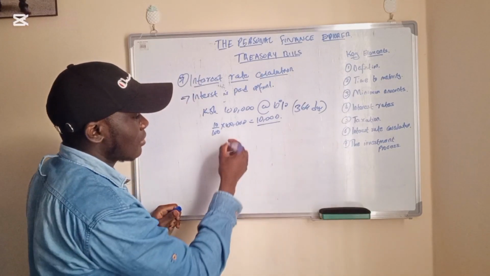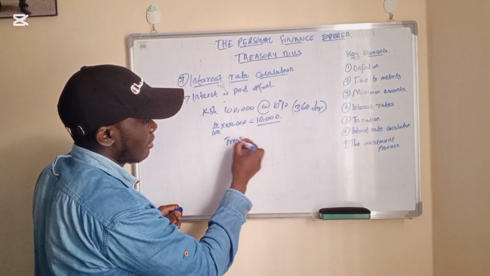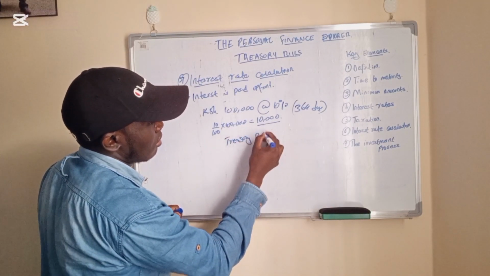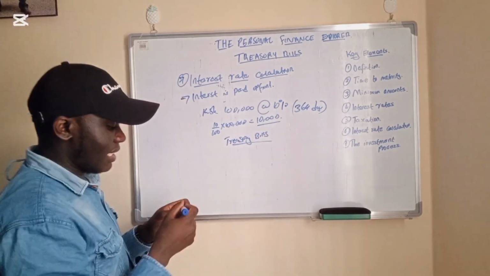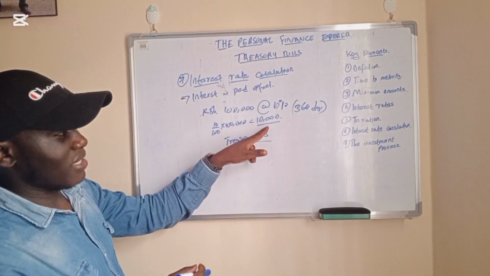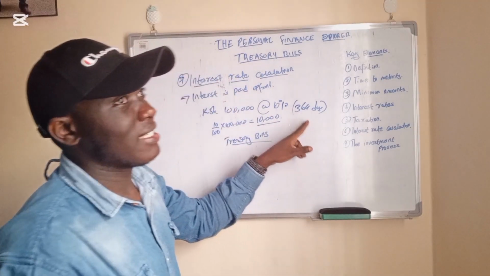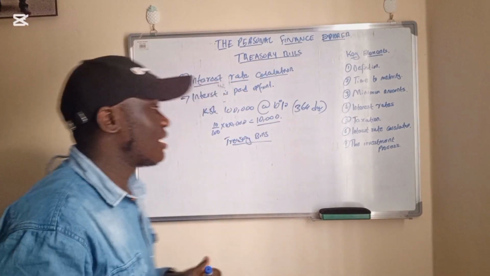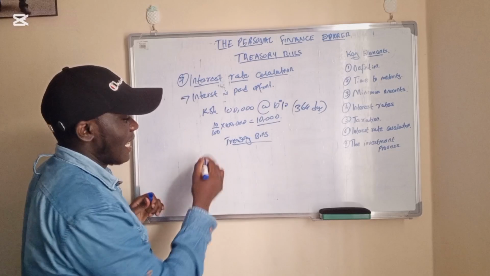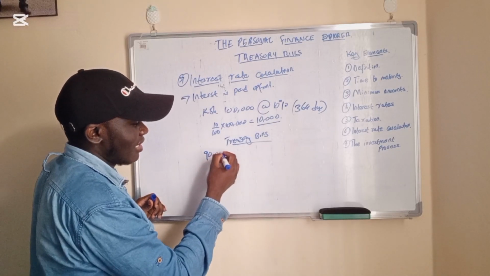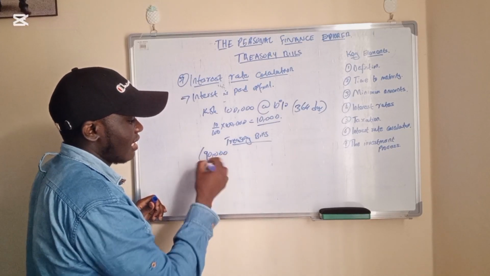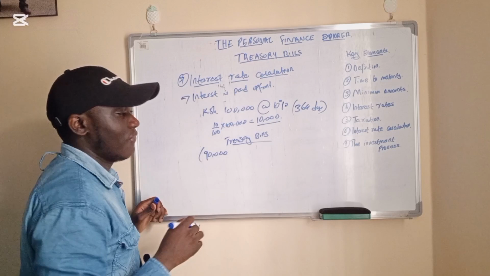So when it comes to treasury bills, what you do is that your interest is 10,000 from the 100,000 for 364 days. What you will do today is that you will send 90,000 to the Central Bank of Kenya.